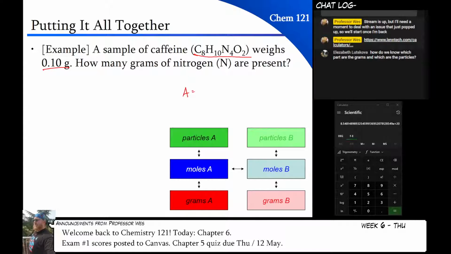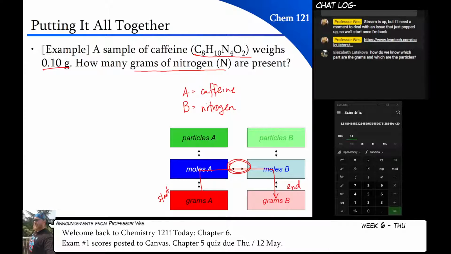So A will be caffeine. But then I'm being asked about grams of nitrogen. Those are different things, so I need to go through this center part, right? And since I'm given a mass to start, I'm going to start here. And I'm going to do something like this, right?